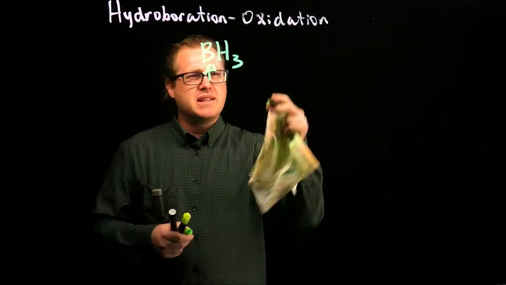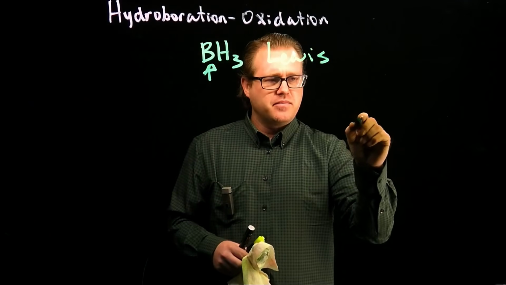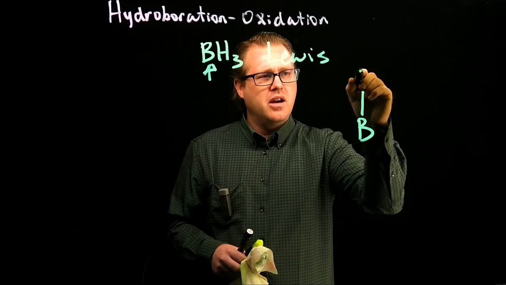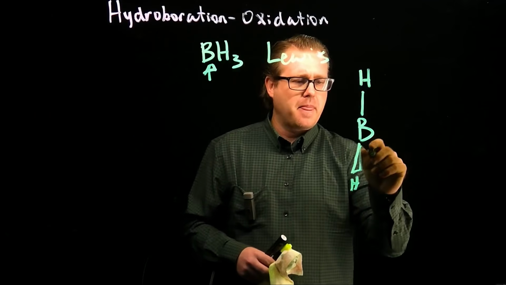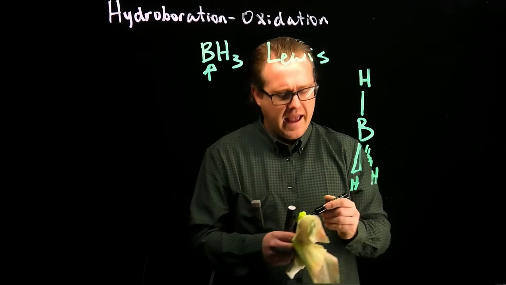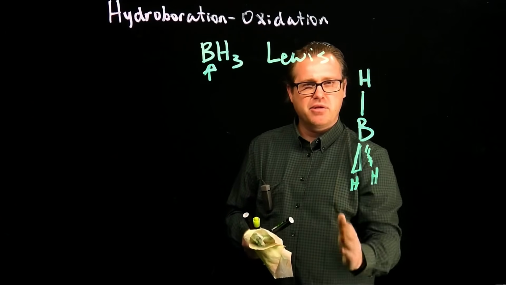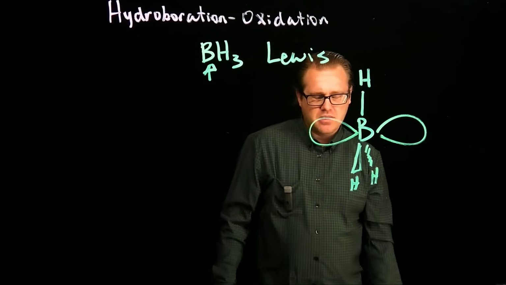It's a Lewis acid, okay? So borane, we have boron right there. We're going to have our H here, and another H here. And this is sp2 hybridized because it's flat. It's trigonal planar. So it has a p orbital.